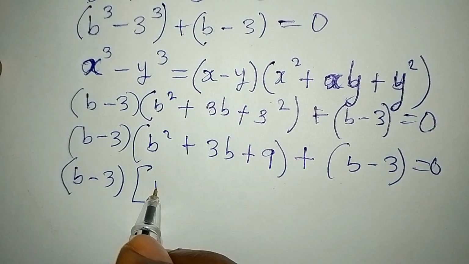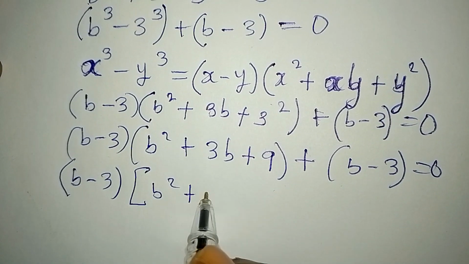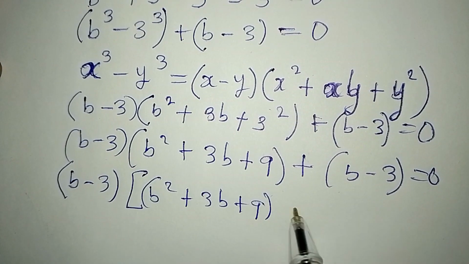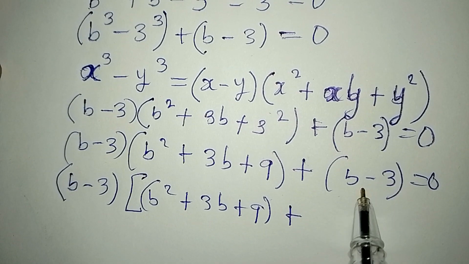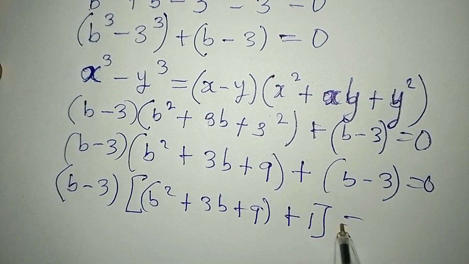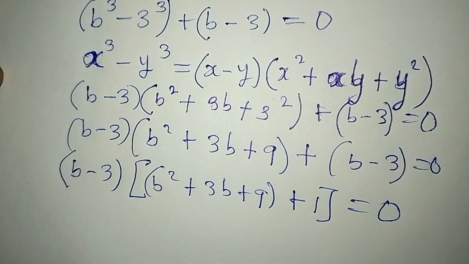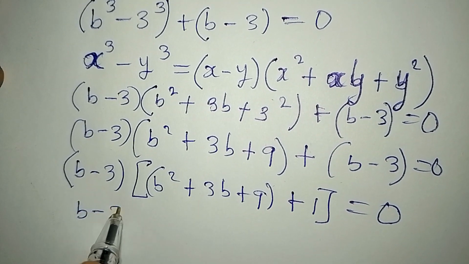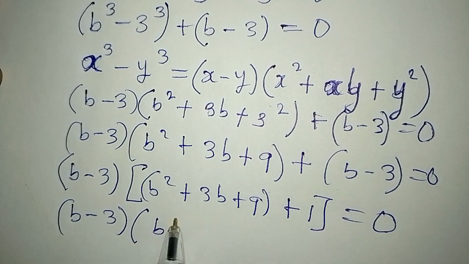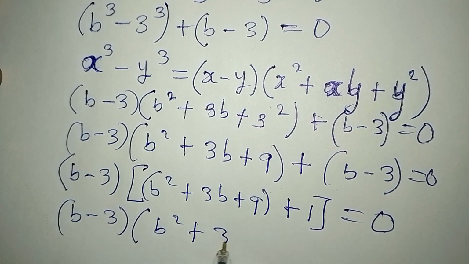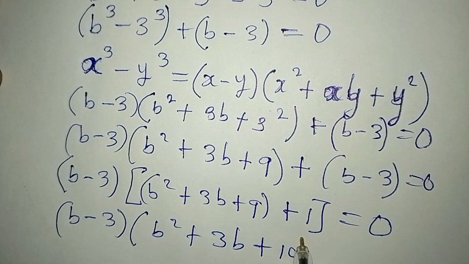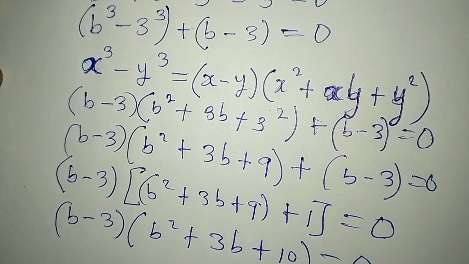Then here we have b squared plus 3b plus 9. Then plus here, b minus 3 divided by b minus 3 is 1. And then this is equal to 0. Now from here, we have b minus 3 alone. Then from here, we have b squared plus 3b, then plus 9 plus 1 is 10. And this is equal to 0.